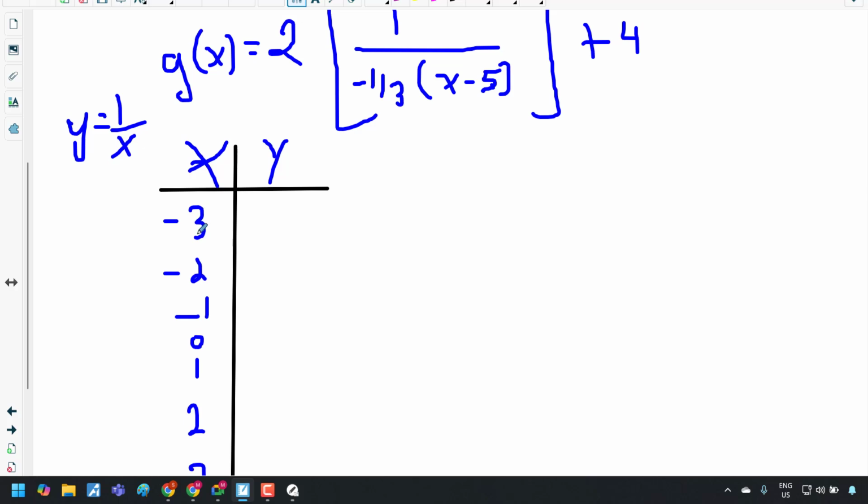And you just plug in these values. So obviously y is going to be 1 over -3, which you can write as a decimal or as a fraction, whatever is easier for you. Since you're in grade 11, you can do decimals or fractions. Eventually, you will have to get comfortable with fractions, so I'm just going to write fractions for now.